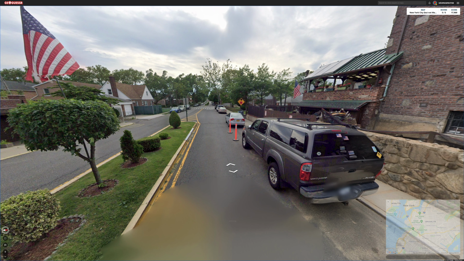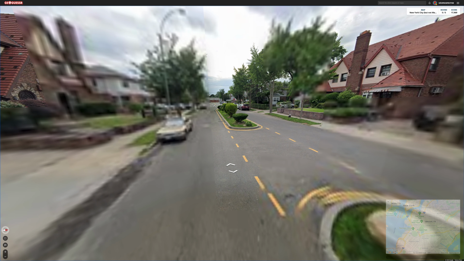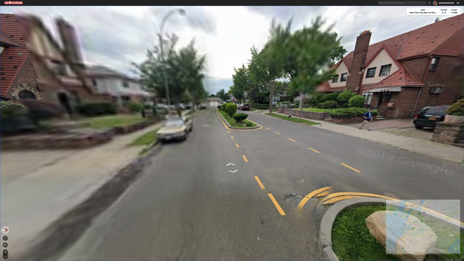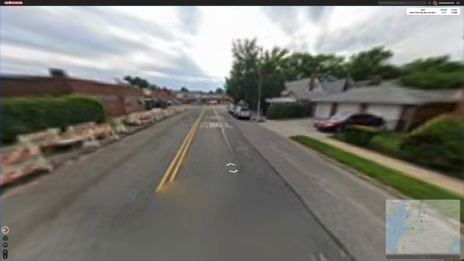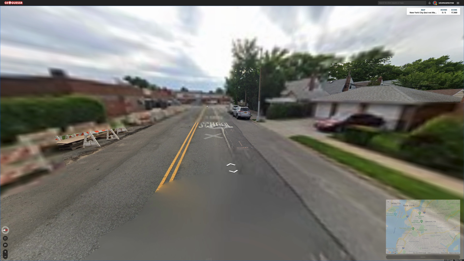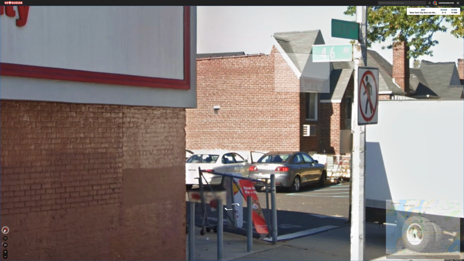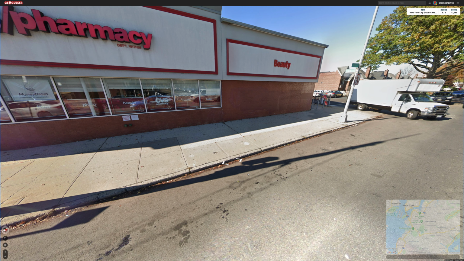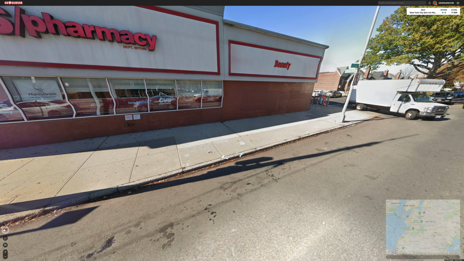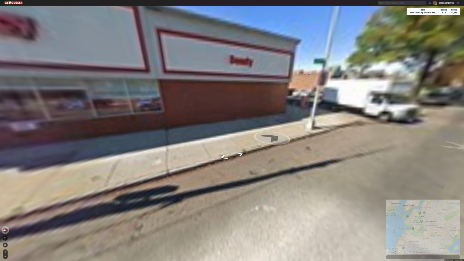Wow, a bit strange. Okay, and we've got some signs on the ground here for a school and so on and so forth. So this looks like it's maybe a bit more of a main road. So what do we have here? Let's get up to there, shall we?